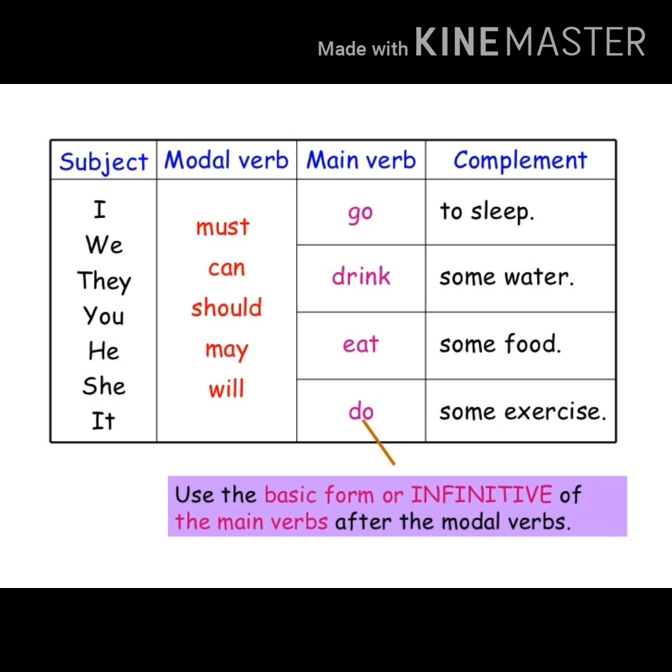For example, I must go to sleep. We can drink some water. He may eat some food and she will do some exercise. Use the basic form or infinitive of the main verb after the modal verb. Base form is do, does, etc.